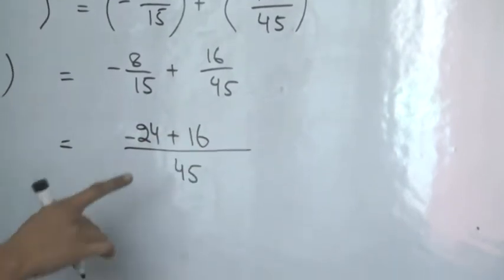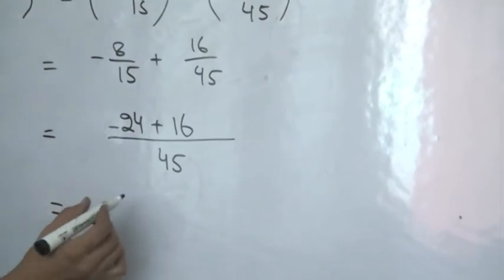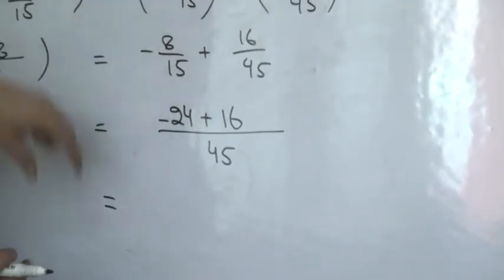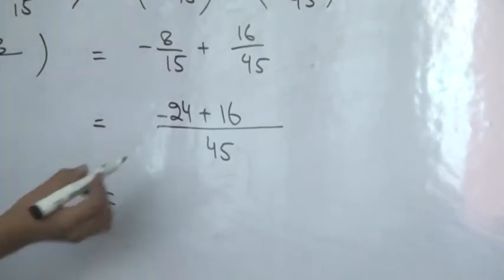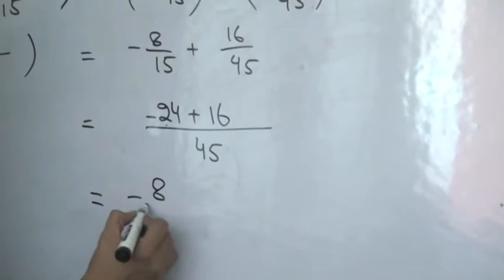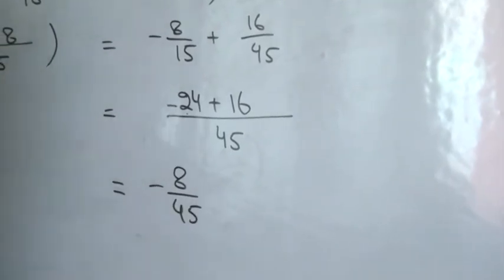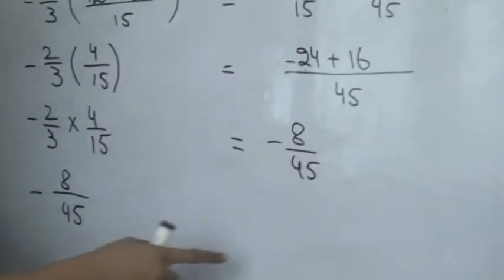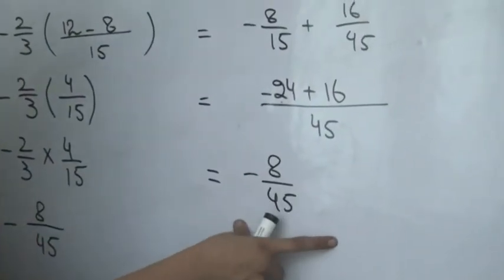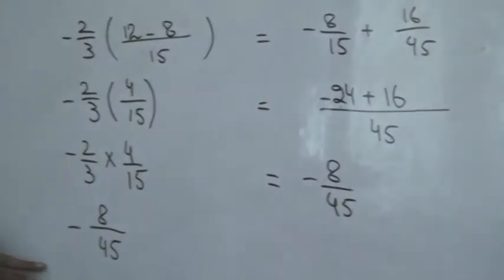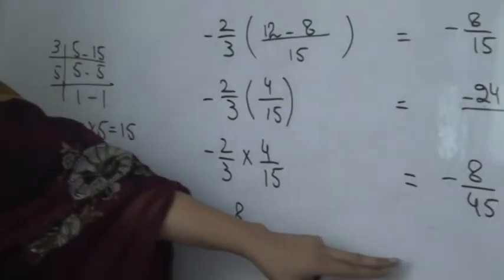Two different signs will subtract each other, minus 24 plus 16 gives us minus 8 by 45. So the left hand side gives us minus 8 by 45 and the right hand side also gives us minus 8 by 45. So we can say that the left hand side is equal to the right hand side.